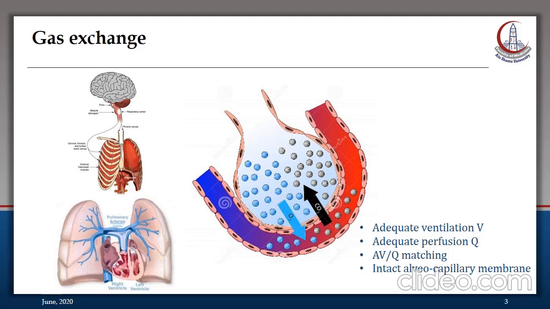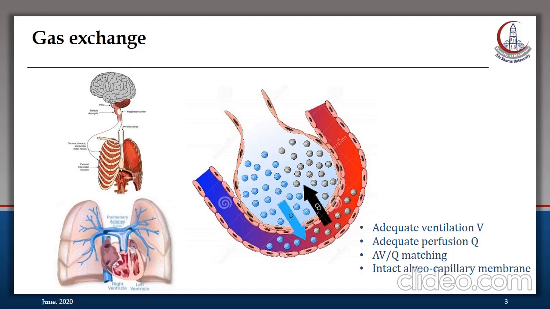Gravity plays a role in the distribution of ventilation and perfusion to different parts of the body. Because the gravity affects the intrapleural pressure gradient, we have some alveoli more ventilated than the others, and because of its effect on the perfusion, we have some areas of the lung more perfused than the others.